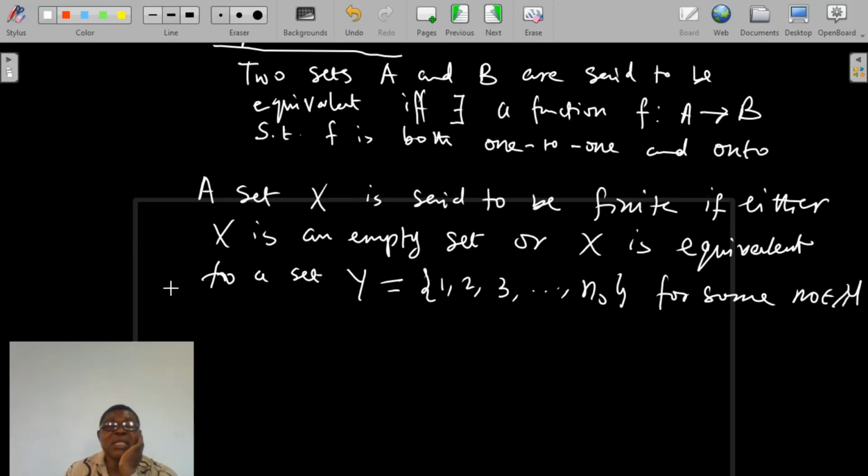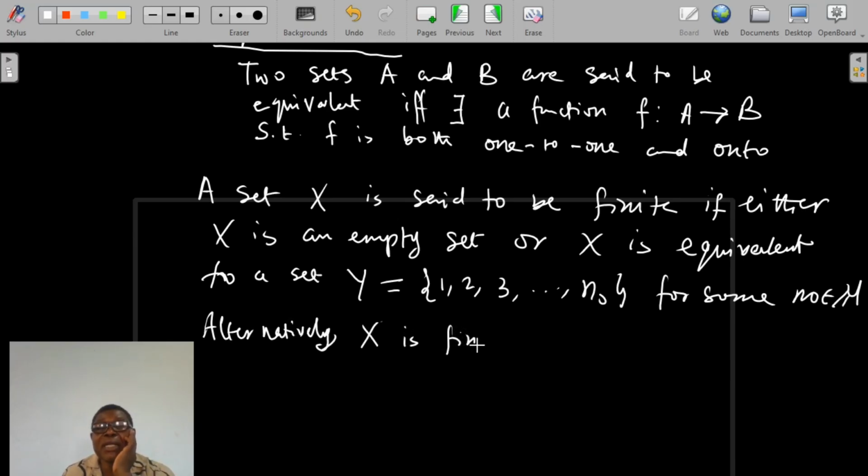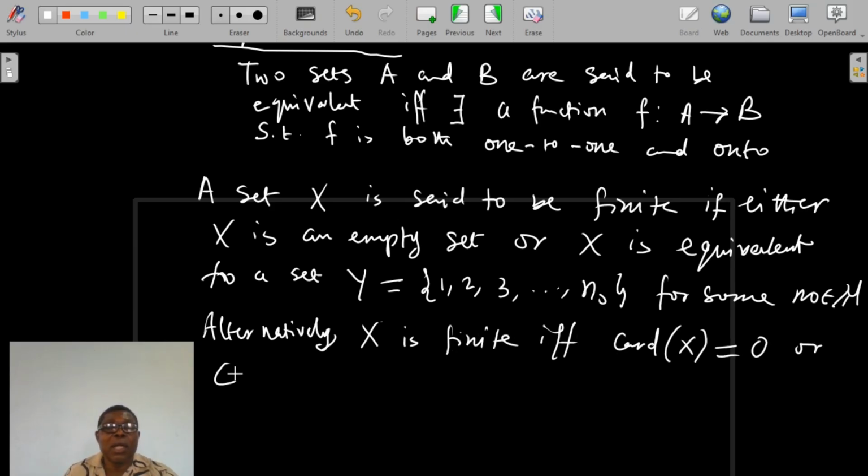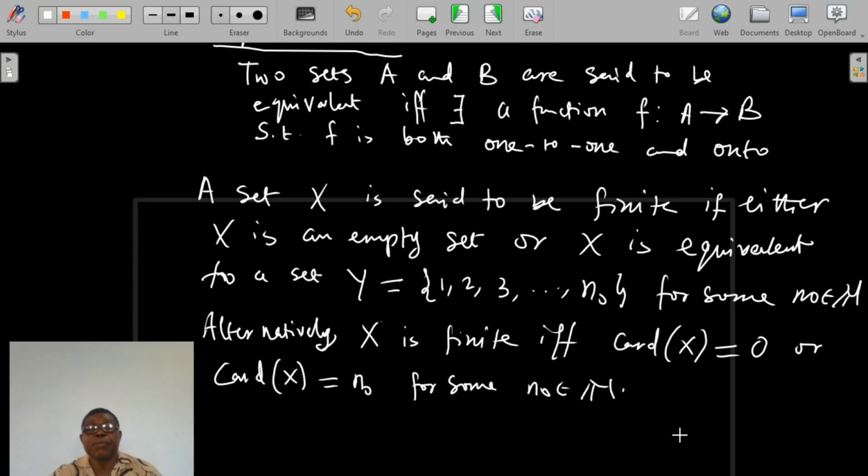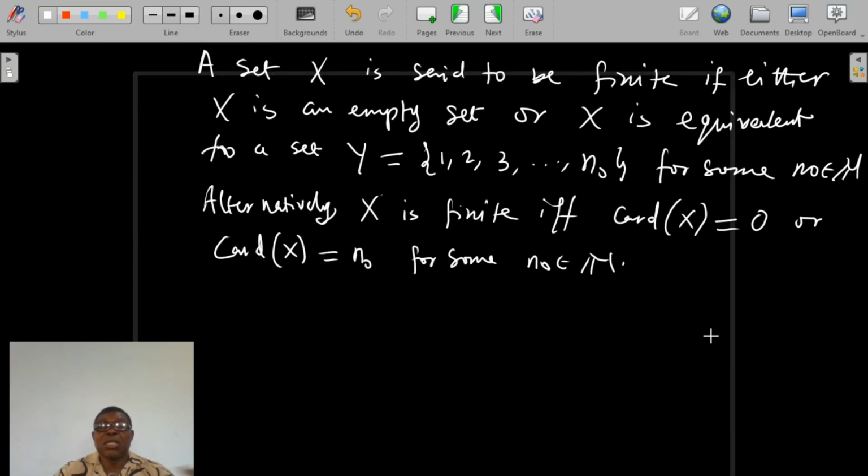Alternatively, X is finite if and only if the cardinality of X is equal to 0 or the cardinality of X is n naught for some n naught in the set of natural numbers.